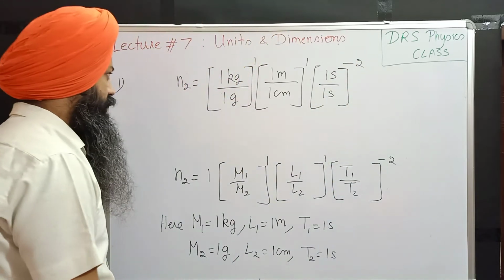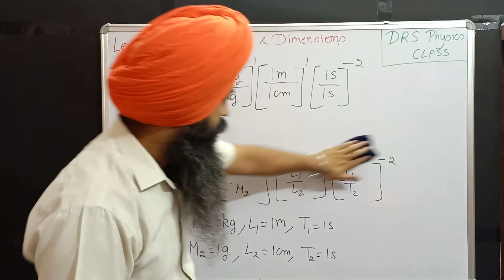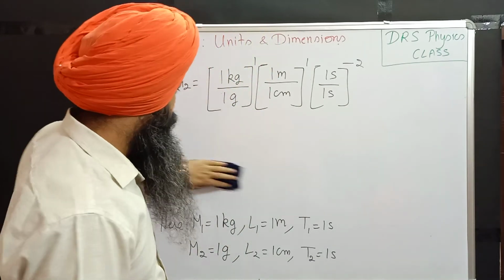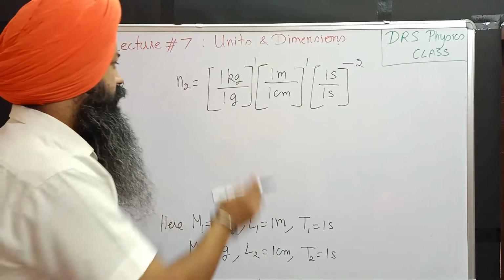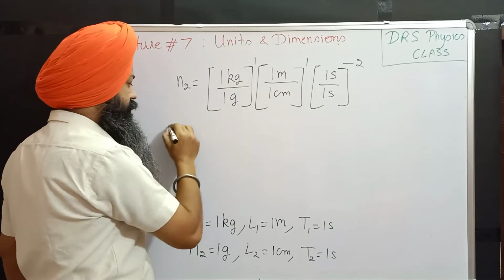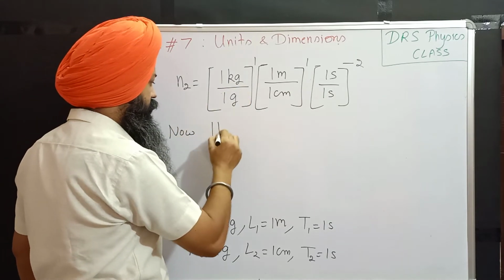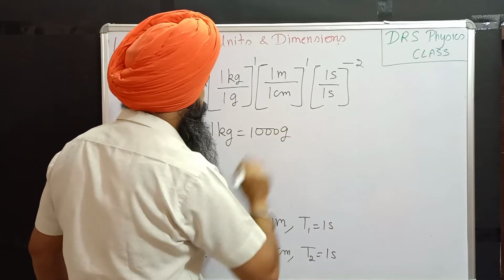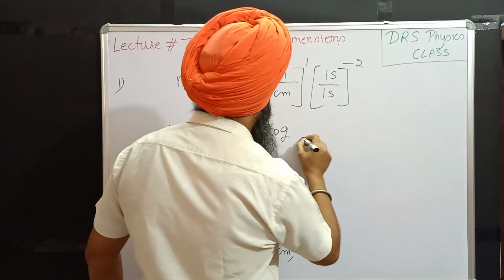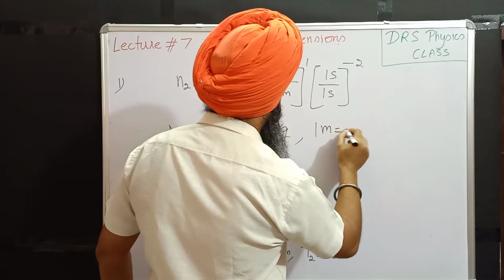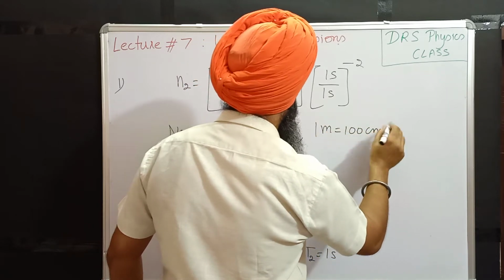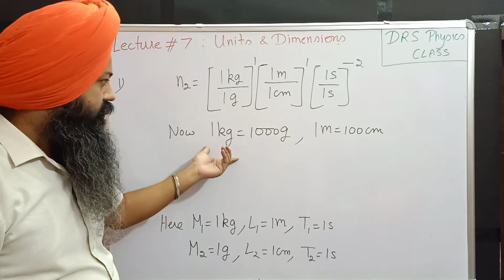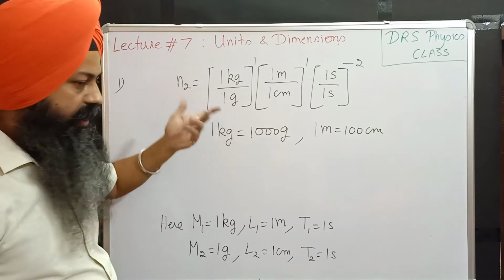So what do we see? Now we have to find the relation between the two systems of units. We know that 1 kilogram is 1000 gram, and 1 meter is equal to 100 centimeter. So we can fill values of this or that in terms of each other.